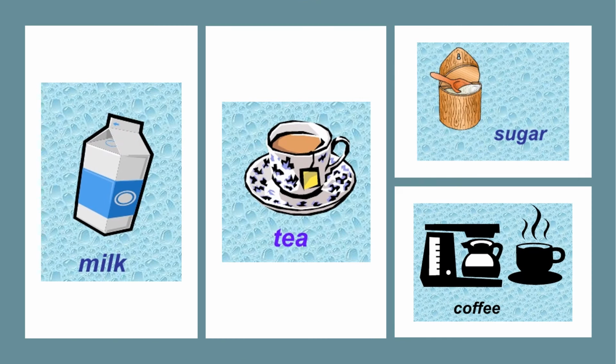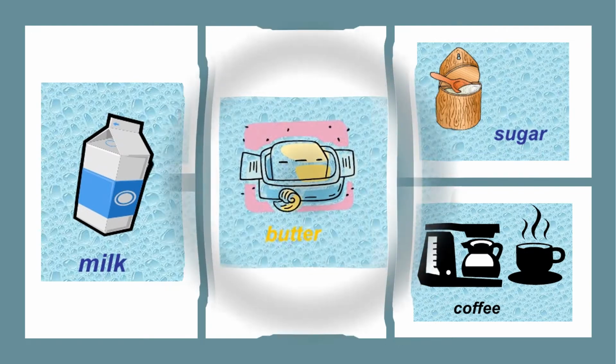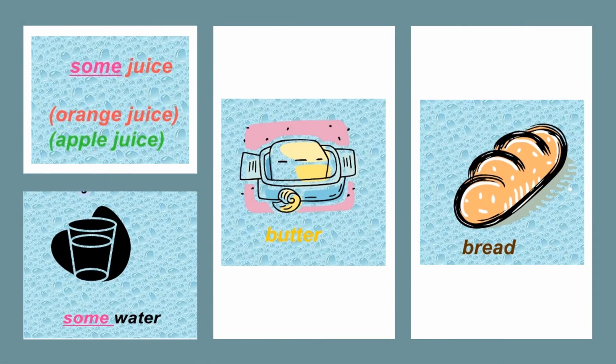Some examples of uncountable nouns are milk. We can't count milk. Tea, sugar, coffee. All types of juice, orange juice, apple juice, or any other type of juice. Water, some water.